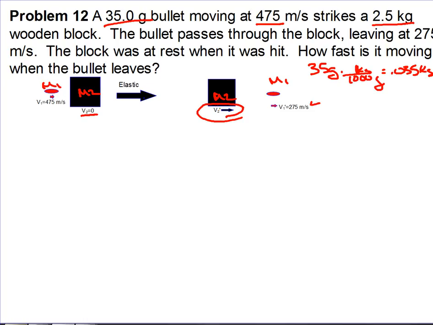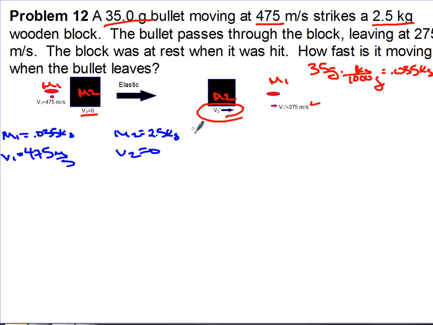Okay, let's write out our givens. The M1 we've already found is 0.035 kilograms. M2 is 2.5 kilograms. V1 is 475 meters per second. And V2 is 0. I like that because things are going to go away.